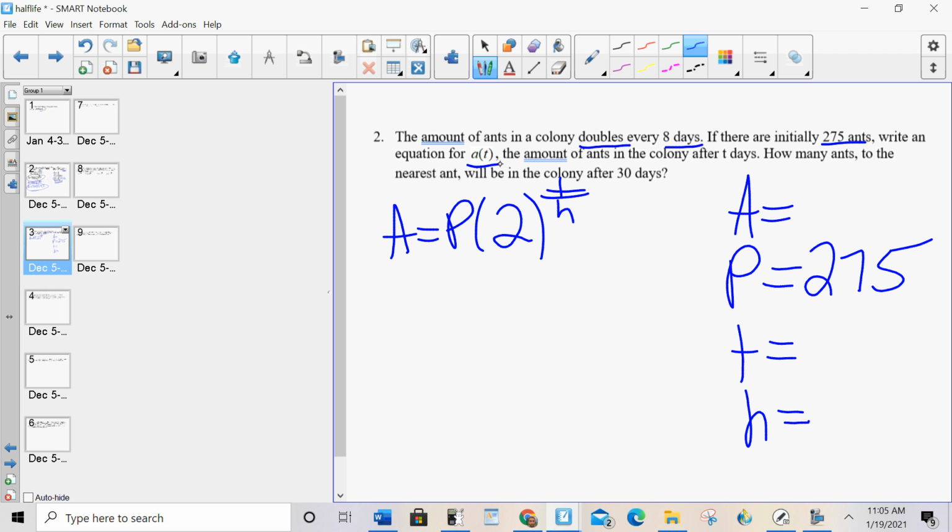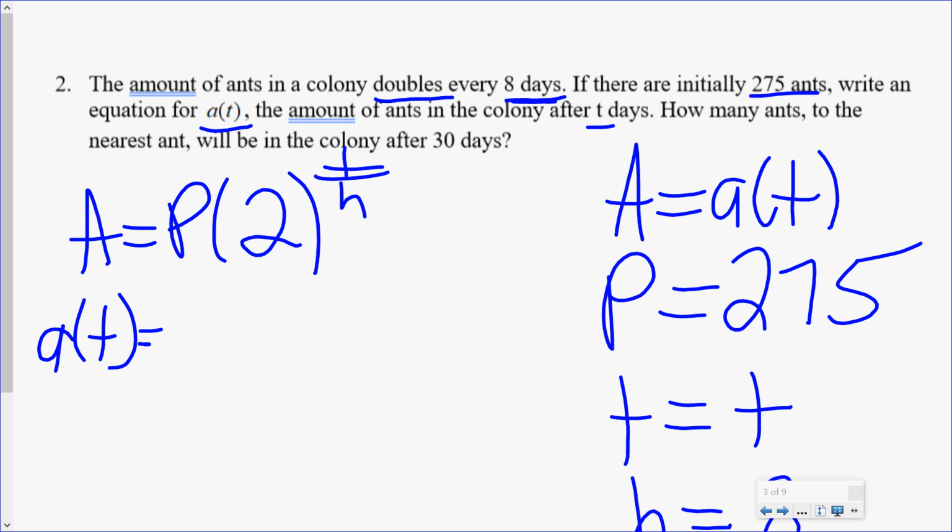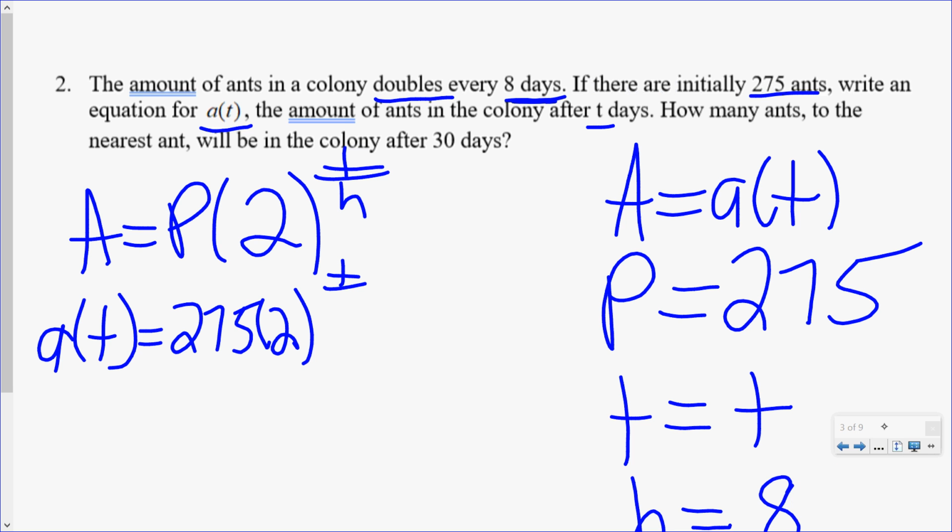It wants an equation for A of T, T days, and because it's doubling every 8 days, that means that it takes 8 days for the percent to be applied, in this case the doubling to be applied. That's what H is. It's the amount of time it takes for the rate to be applied. So I'm going to write A of T equals 275 times 2 to the power of T over 8.